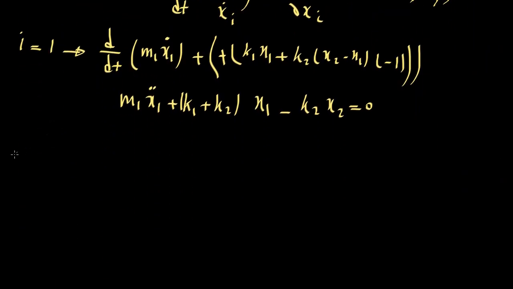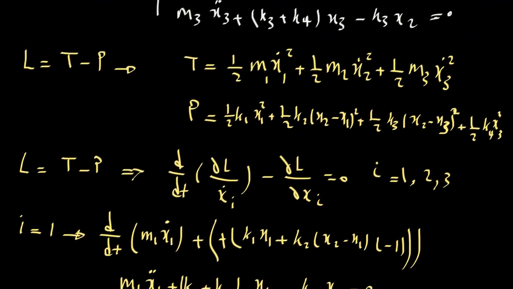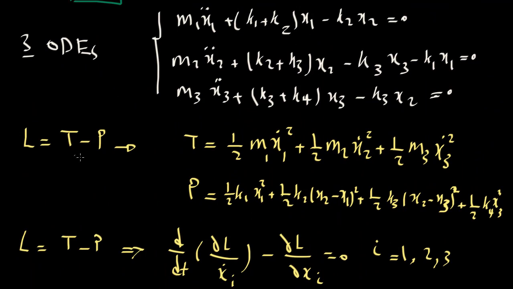For i equal to 2, let me use another color here, the equation gives us d over dt of the derivative of the Lagrangian with respect to x2 dot. The Lagrangian is T minus P, and this term doesn't have any x2 dot. The only term that has x2 dot is this term, and the derivative of this with respect to x2 dot would be m2 x2 dot.